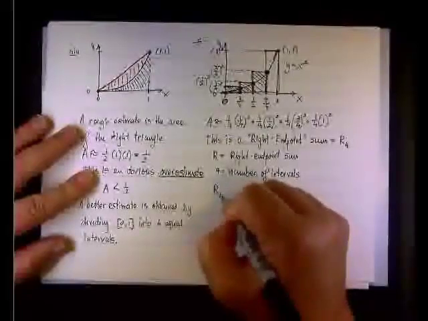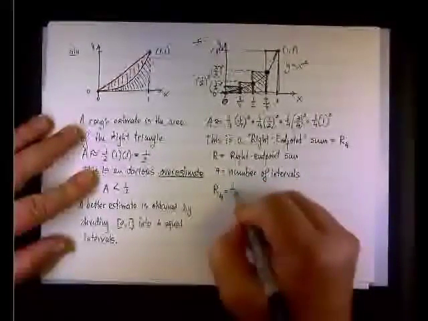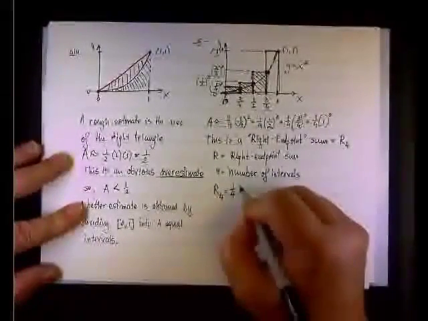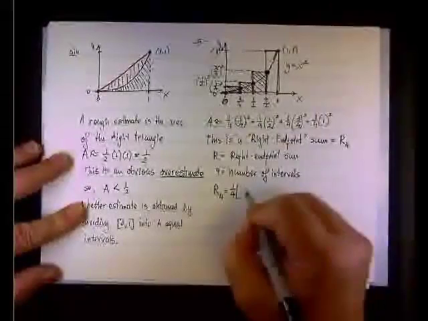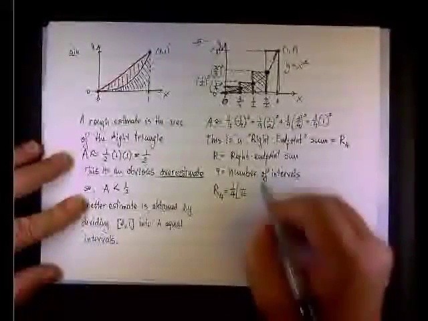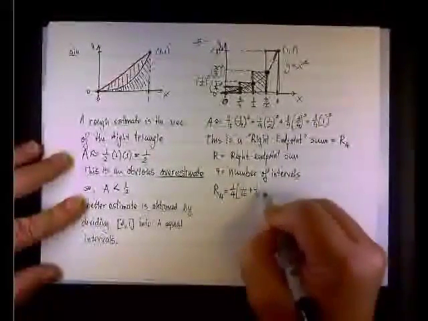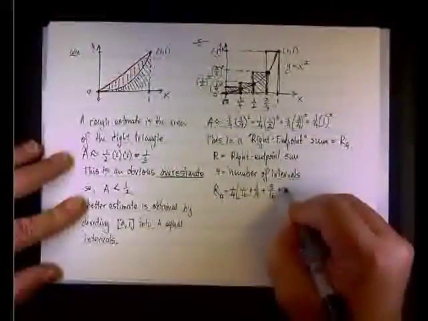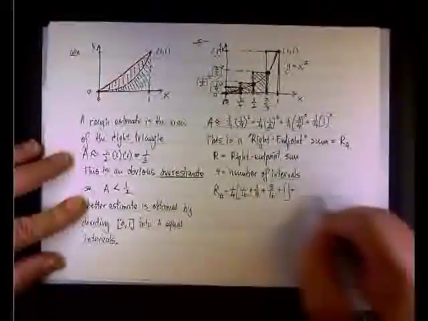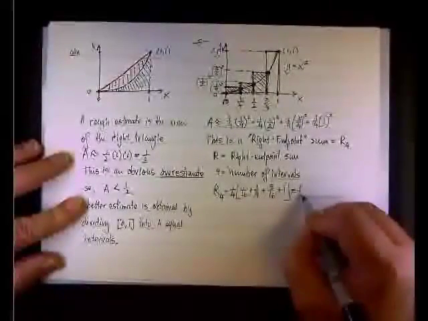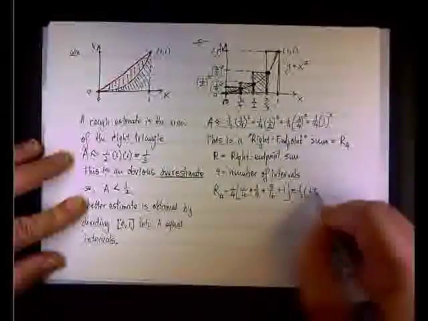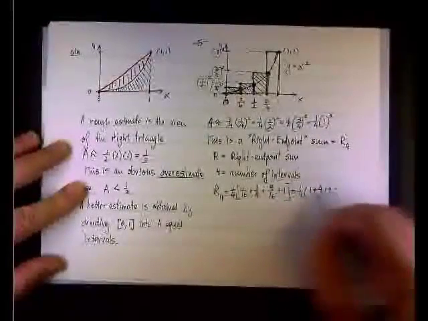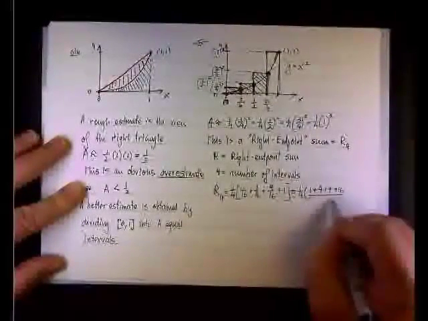In this case, if we add these together, we have a common factor, which is 1/4, the width of each interval. Okay? And then we add the values of what we have inside, and we have 1/4 squared, which is 1/16, and then 1/2 squared, which is 1/4, and then 3/4 squared, which is 9/16, and then we have 1. And of course, the common denominator would be 16, so it will be 1/4 times 1 plus 4/16, 9/16, and then 1 is 16/16.